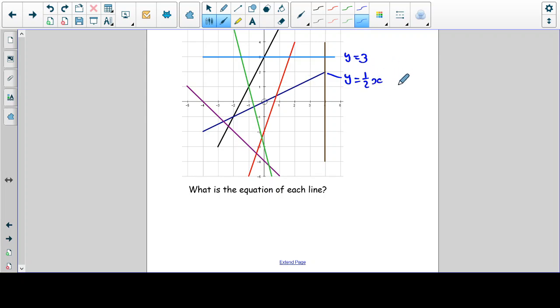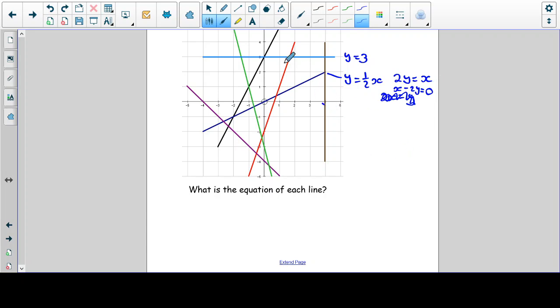And the y-intercept is 0. So we don't have anything on the end. So we can either leave it in that form, or we could say 2y equals x, or in the form we like, we'd say x minus 2y equals 0.